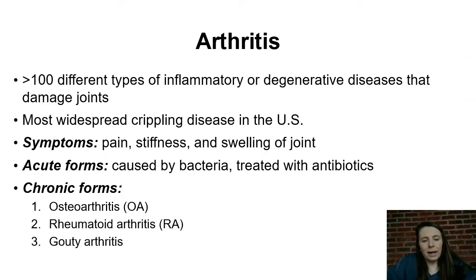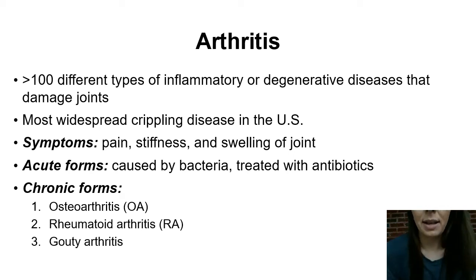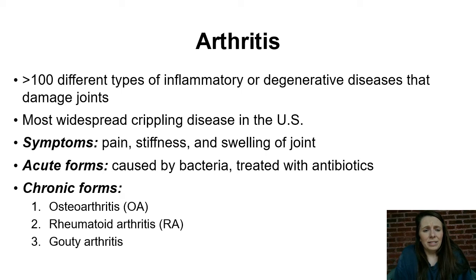So kind of to wrap up our discussion, we'll talk about arthritis and Lyme disease. There's actually more than 100 different types of inflammatory or degenerative diseases that can cause damage to joints. But arthritis is the most widespread, most crippling disease in the United States. Some symptoms of arthritis are pain, stiffness, and swelling of the joints.